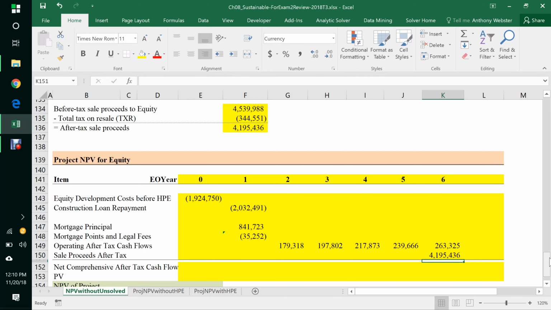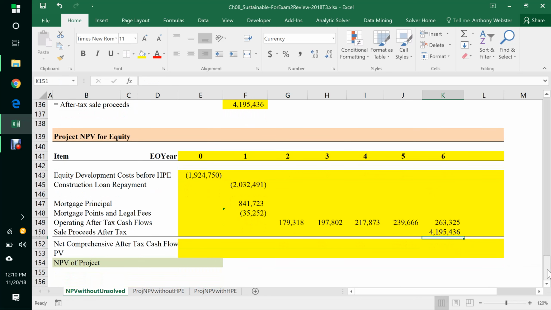Blammo. I love the way this looks in a project like this. Always in the beginning, it's looking bleak. There are these huge negative cash flows, right? But then all of a sudden the operating cash flows start kicking in, and then you sell the property and you get a big cash flow.